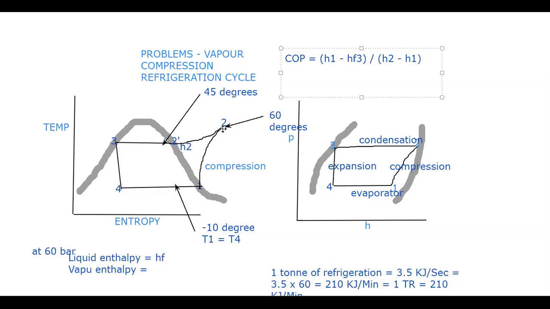But H2 we don't know. But we know H2 dash. So H2 we have to calculate. H2 means the enthalpy of superheated vapor. There is a formula to calculate the enthalpy of a superheated vapor. I will tell you.